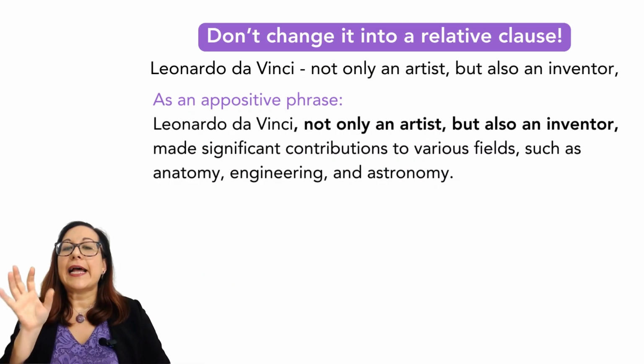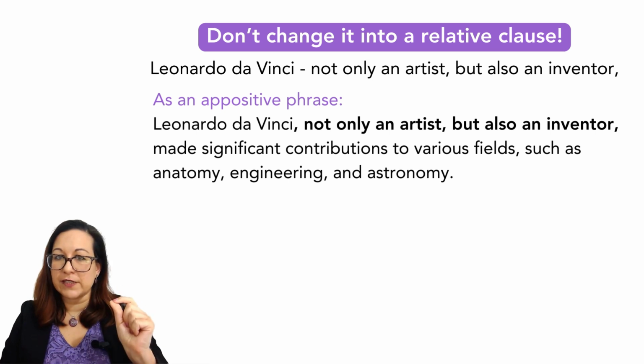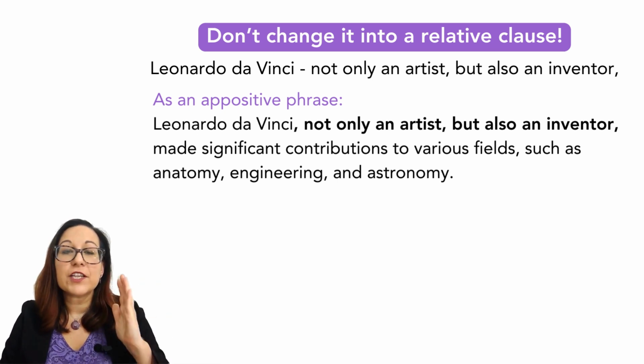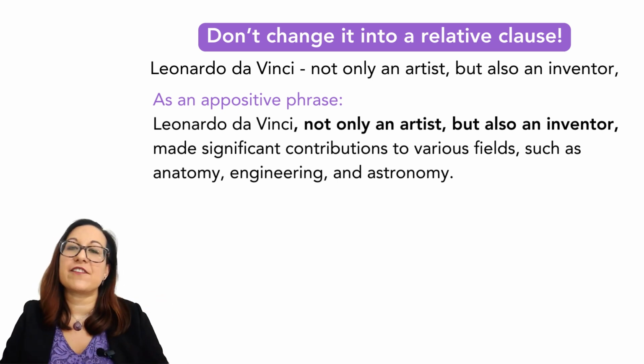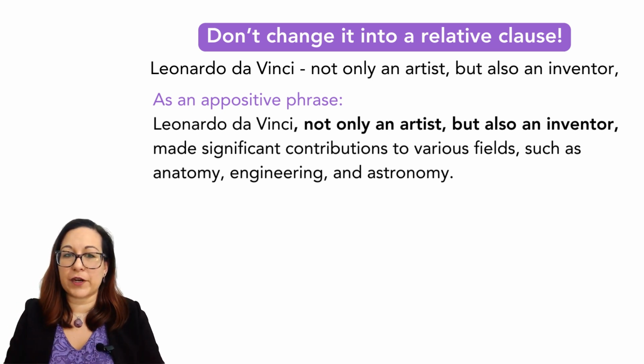Remember, your goal is to write an appositive phrase, not a relative clause. So this means if we look at Leonardo da Vinci, for example, Leonardo da Vinci, not only an artist, but also an inventor, made significant contributions to various fields such as anatomy, engineering, and astronomy.